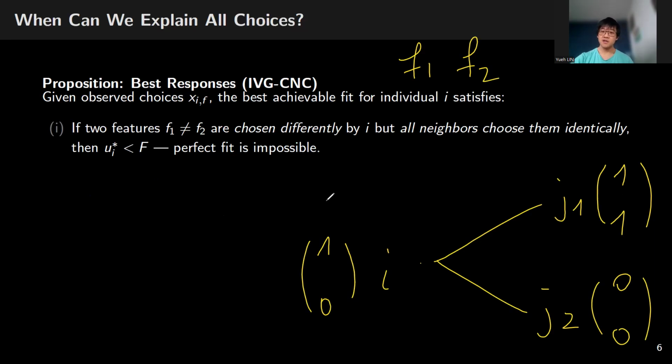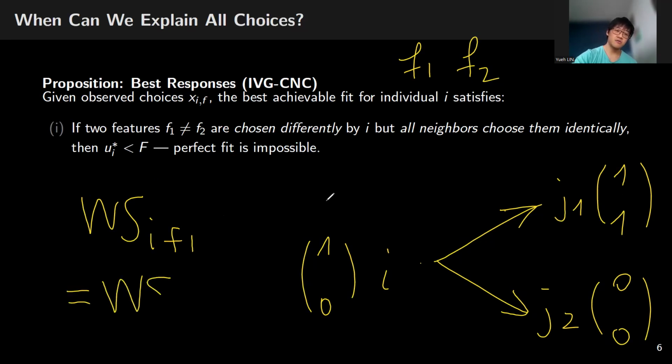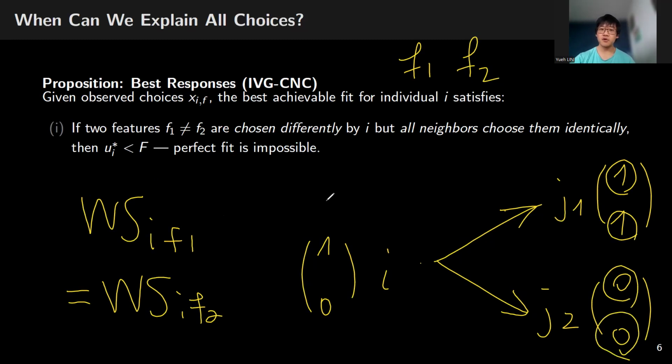In this case, since I is taking the weighted sum of their neighbors, we know that the weighted sum of individual I for feature F1 is always the same as the weighted sum for feature F2, because taking from the choices of neighbors, they will always be the same. The neighbors always vote the same for feature F1 and F2.